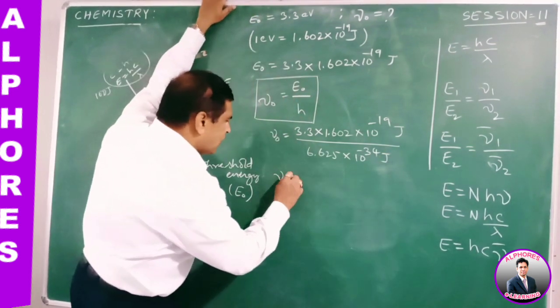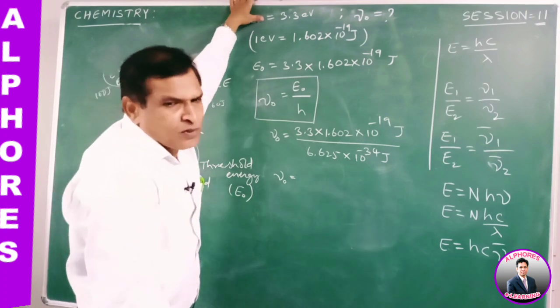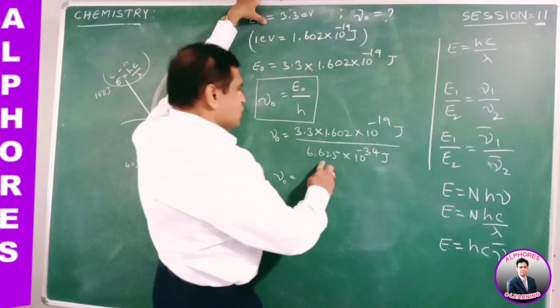Now nu naught, that means threshold frequency, has units of joule second.